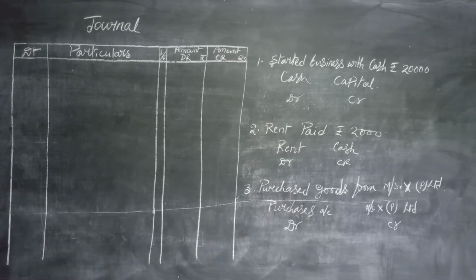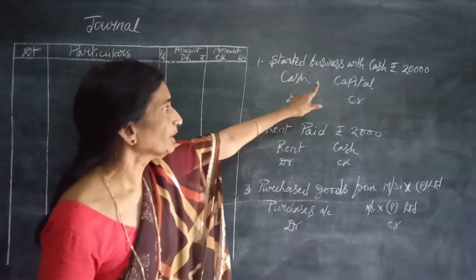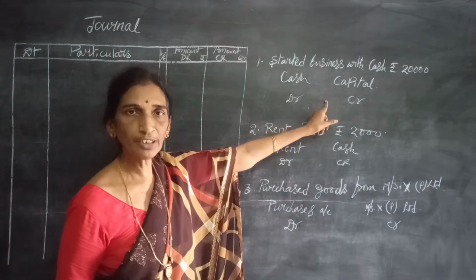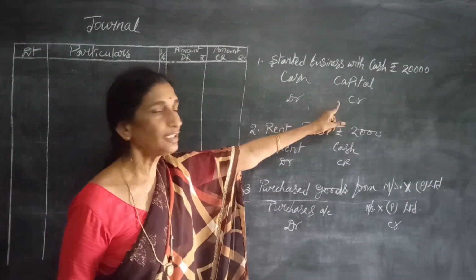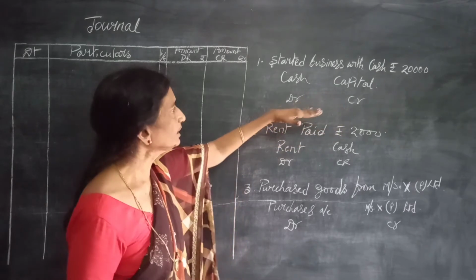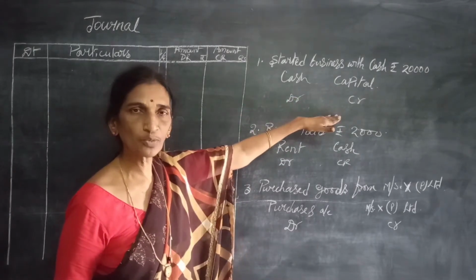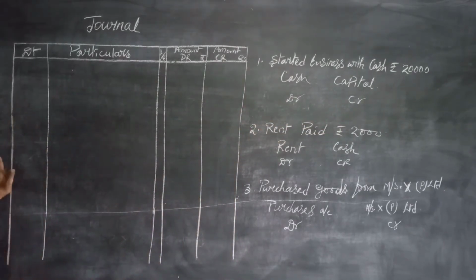Cash account is being increased, and increase of asset is debited. At the same time, capital account, which is a liability, of course an internal liability, is also being increased. Increase of liability is credited. Now we know which account is to be debited and which account is to be credited. Now let us see how to write it in the journal.